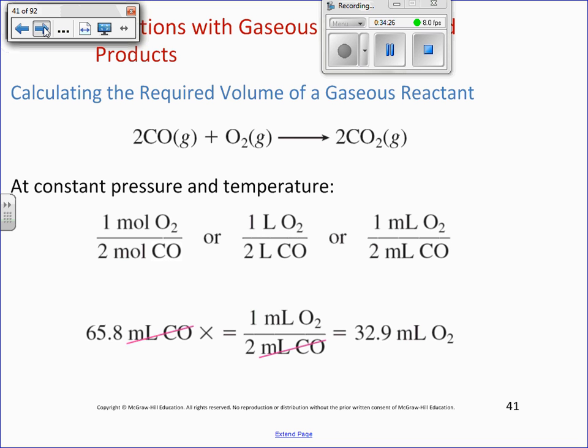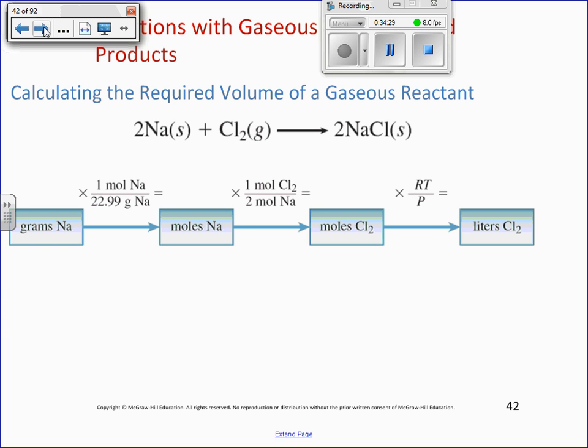So here I have solid sodium plus chlorine gas giving us sodium chloride. So grams of A to moles of A for sodium, we divide by the molecular weight. We can get the moles of chlorine by doing the conversion. So now I get the moles of chlorine.